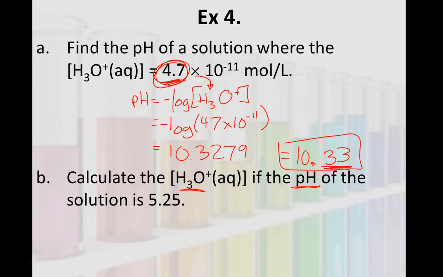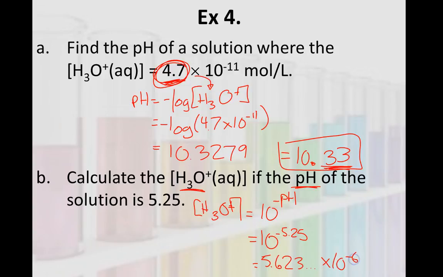So those two directly correlate, and the formula I use is 10 to the negative pH, so it's just 10 to the power of negative 5.25. So 10 to the power of negative 5.25 gives me 5.623... times 10 to the negative 6.